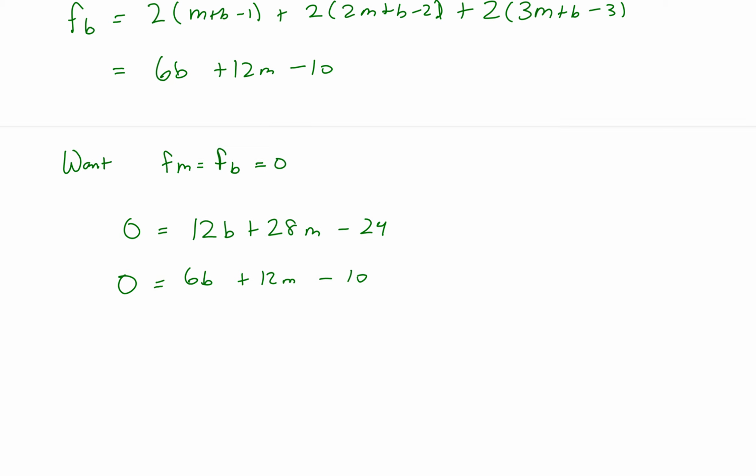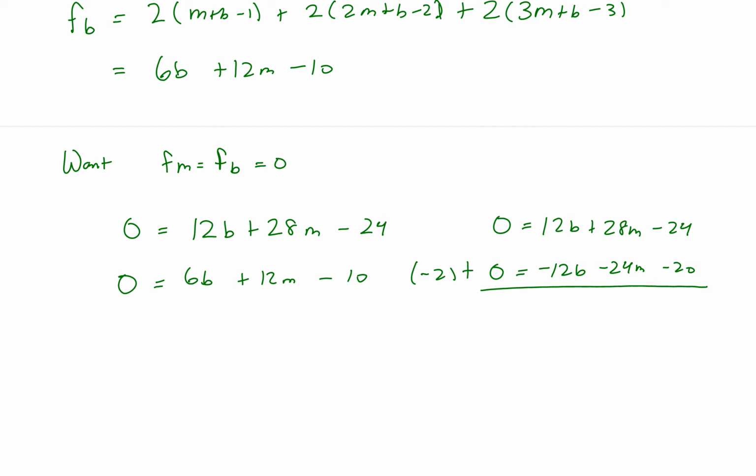And now if we multiply this bottom one by negative 2, on the bottom I'll get negative 12b minus 24m plus 20. And now we add those two together, and the 12b's cancel off, so I just get 4m minus 4.